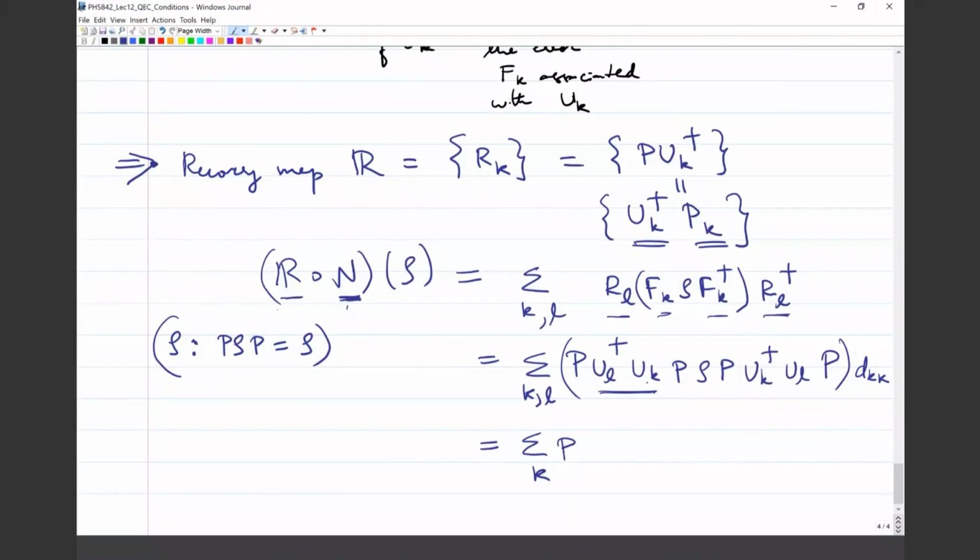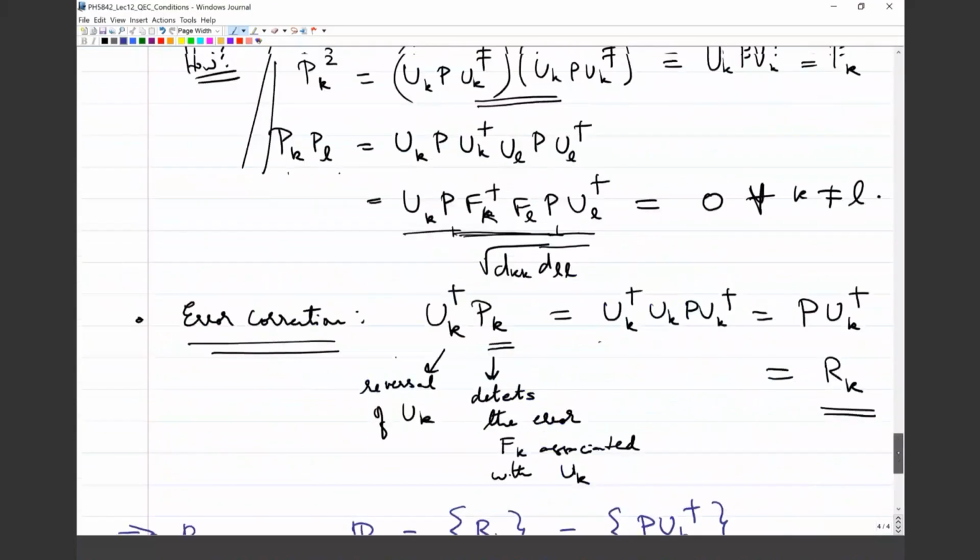So it just gives me P rho P with a sum over K DKK, which is a sum over all these diagonal entries, right? Because each of these gives me a delta, because these unitaries are also orthogonal since the FKs are orthogonal. That's what we saw earlier, right?